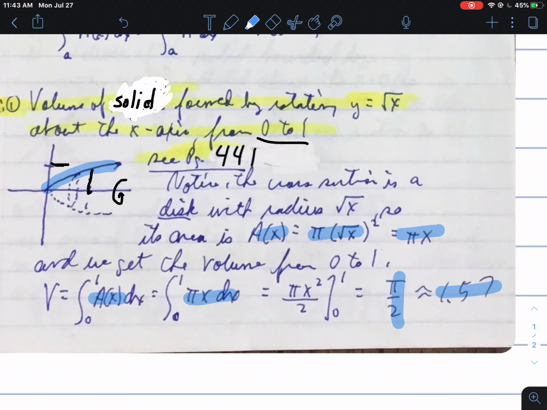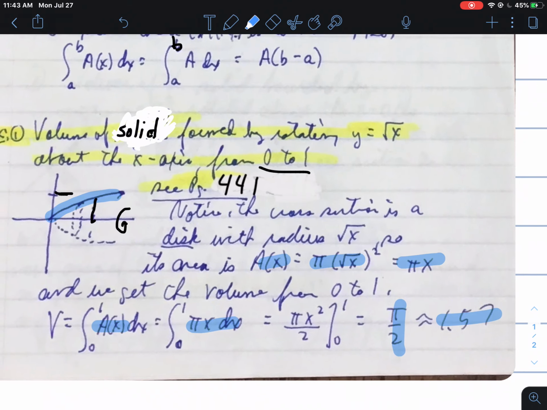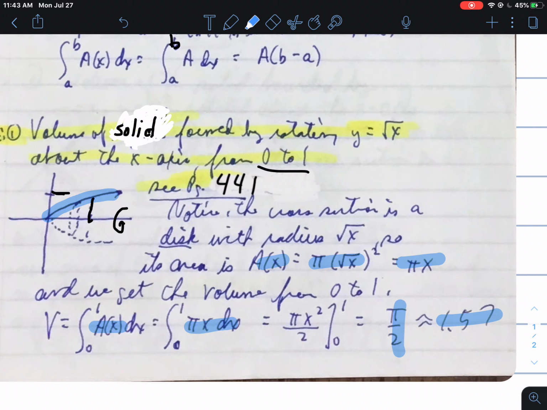All right, so bottom line, I'll try one more time because I don't think it's coming out as clear as I'd like it. So I have a solid that's defined by a curve rotated about some axis. To calculate the volume of that solid, I find the area of a cross-section of that solid, which is always going to be found using the area formula for a circle, pi times the radius squared.